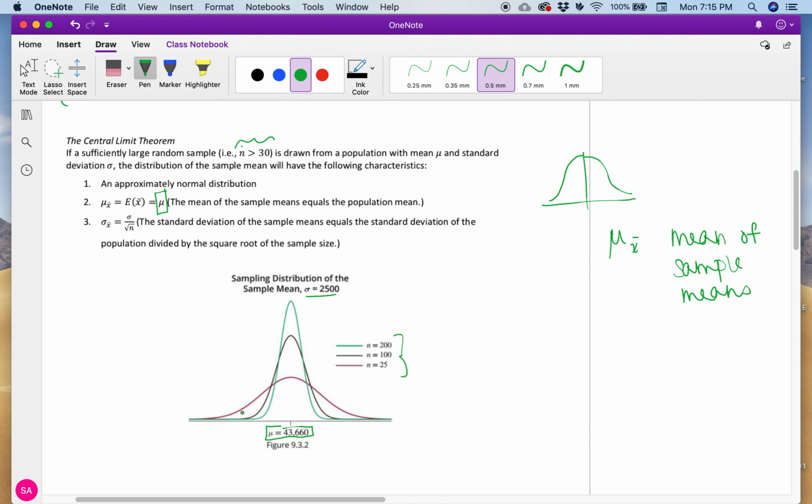It's kind of flat. Okay, well, what happens if we up the sample size? So instead of 25 for sample size, let's look at 100. Well, we don't get as flat. We get a little bit taller, more bell-shaped, right? And as we kind of get skinnier here, this means that we are having less variability.